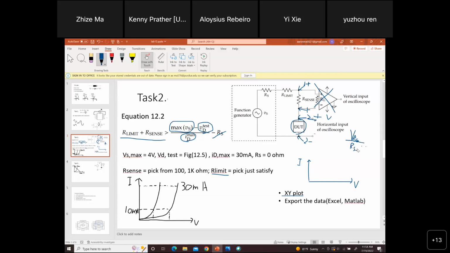Then you get the current of R sense, which is the same as the current of the DUT since they are in series.